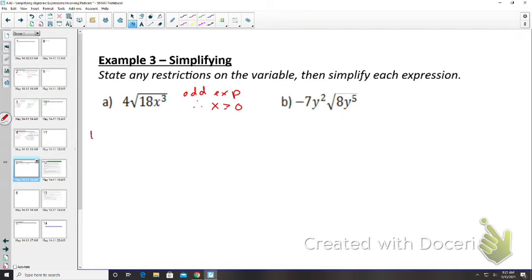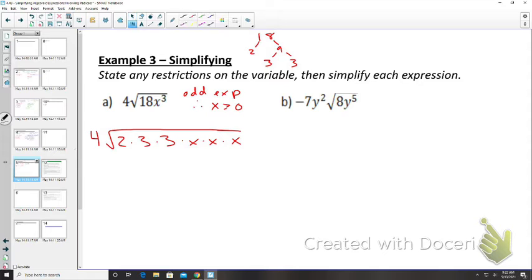So let's leave the 4 alone for the meantime. And how do we get to 18? Okay, that one might be a little bit more difficult to see. So to get to 18, we do 2 times 9 and 3 times 3. So 18 becomes 2 times 3 times 3. And how do we get x cubed? x times x times x. Okay, so let's look for some pairs.